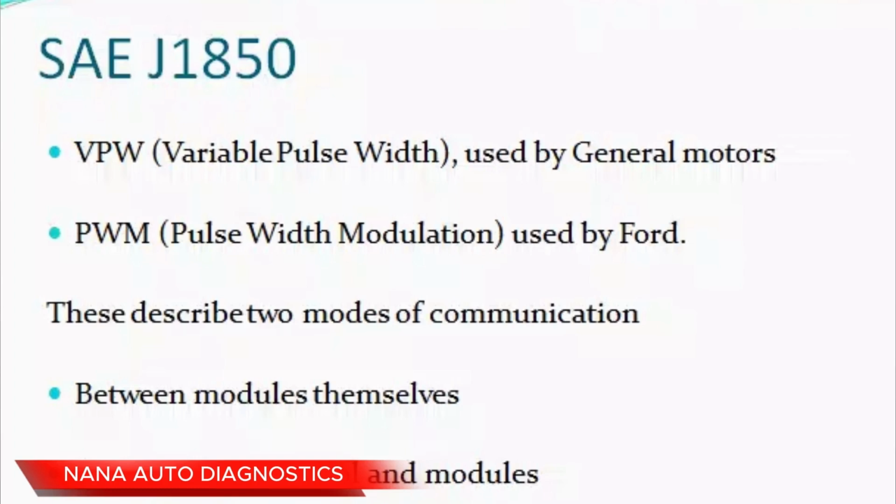Now these two standards describe two modes of communication: one, which is between the modules themselves, and two, the communication between the scan tool and the modules. We shall cover these in detail when we are looking at automotive communication networks.